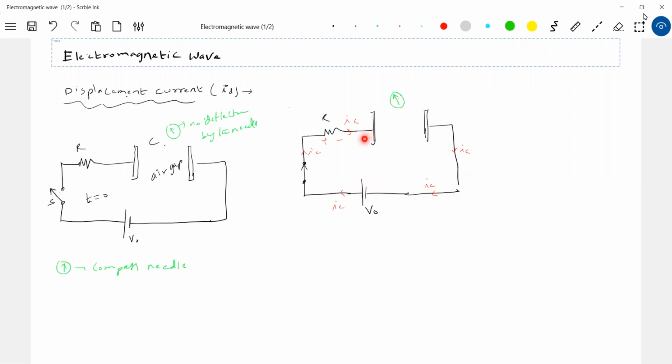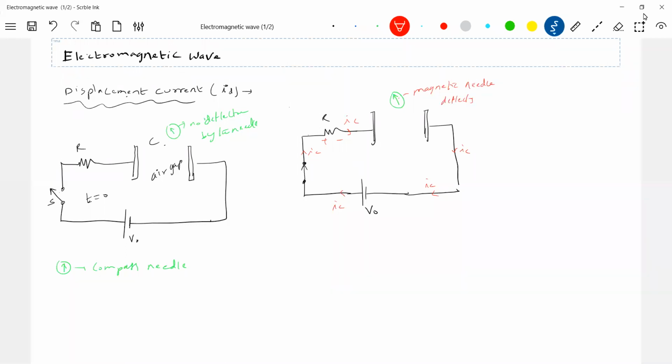Or I'll make them shorter. That one I'll shield it. So let's assume that these connecting wires are shielded or covered by non-magnetic material. Still, I'll see a deflection in the magnetic needle.